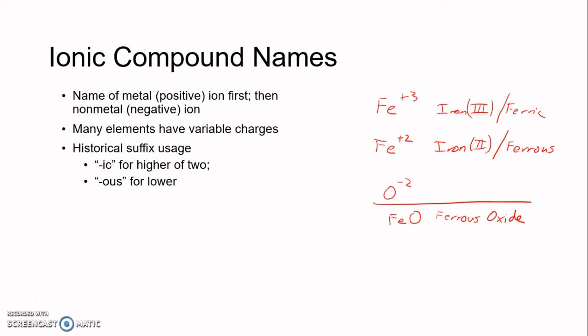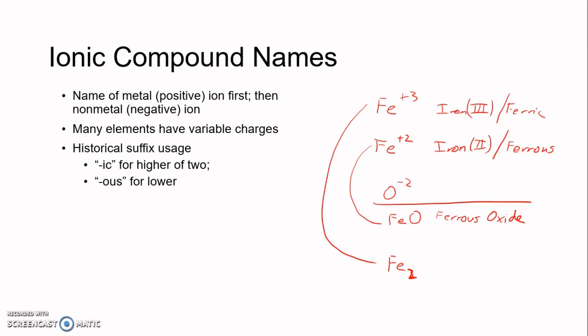But if we use the iron 3 atom, it has a charge of +3, but oxygen has a charge of -2. So in order to get this to balance, let's take two ferric atoms. Two ferric atoms of charge +3 each would give us a total charge of +6.